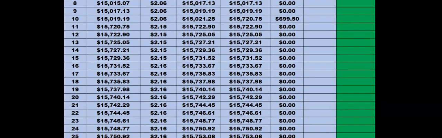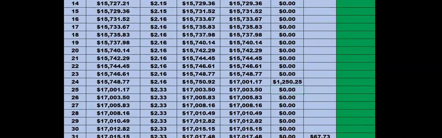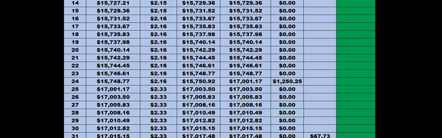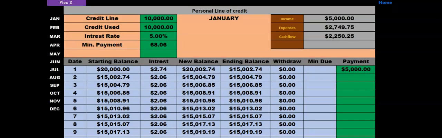On the 24th, the $1,250.25 comes out, and on the 28th, we have the $800 coming out. So same scenarios, same thing, just switched up the dates.